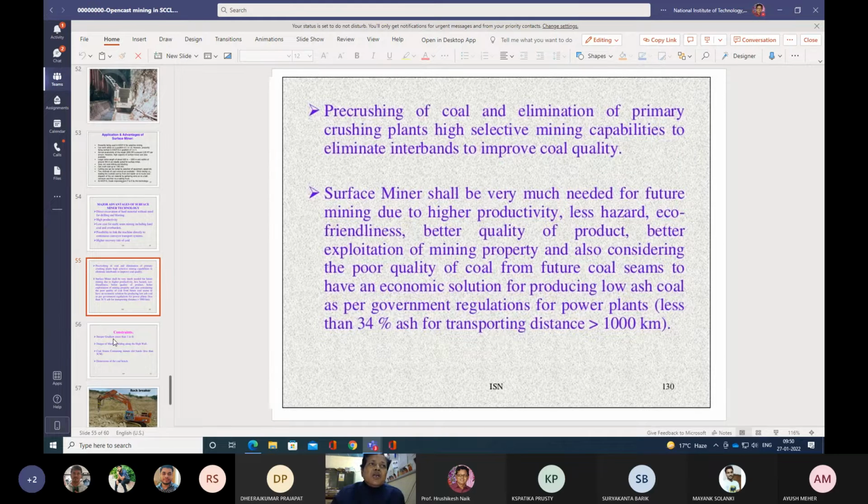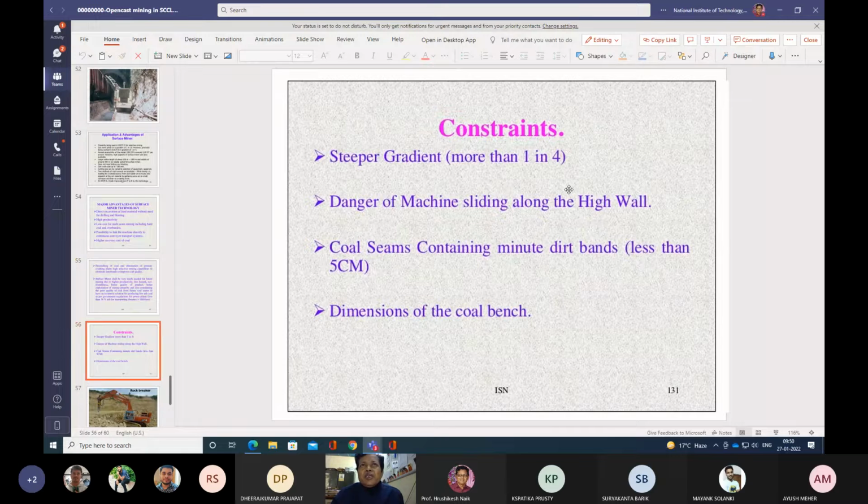But besides that, there are some constraints, disadvantages. Steeper gradients cannot be taken by surface miner technique. If the coal seam is a very steep deposit, more than 1 in 4, then you cannot use the surface miner technology. Danger of machine sliding along the high wall. So if there is a steep gradient, the machine will slide downwards.